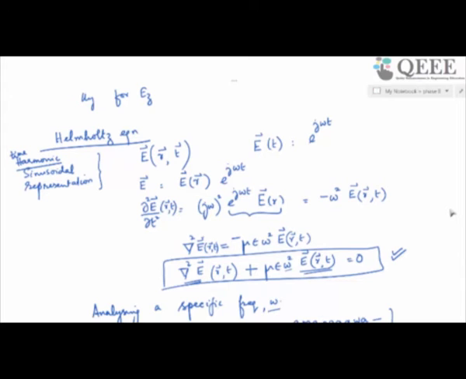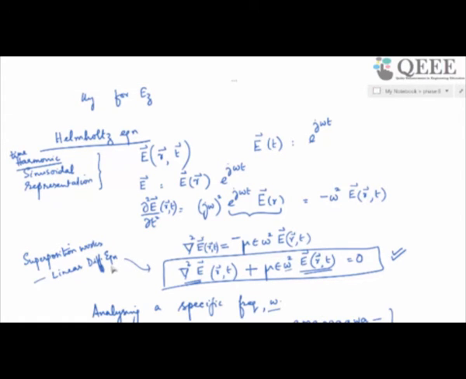So, that is why we always use Helmholtz equation in electromagnetics. And the reason why we are able to use Helmholtz equation is because superposition works, and superposition works because this is a linear differential equation.